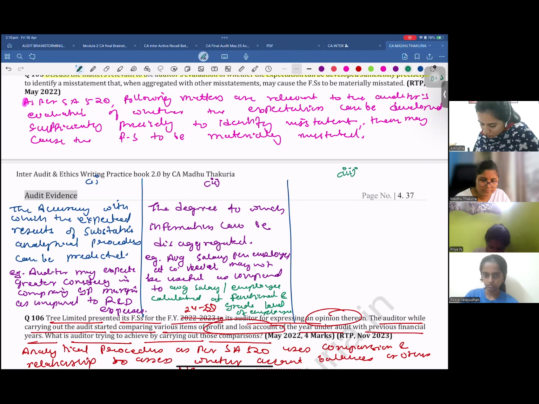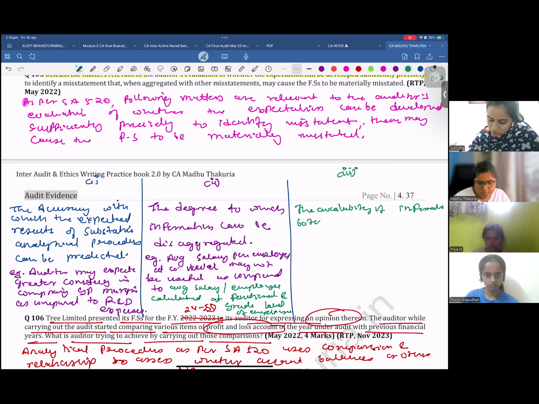Third, it also depends on the availability of information, both financial and non-financial.